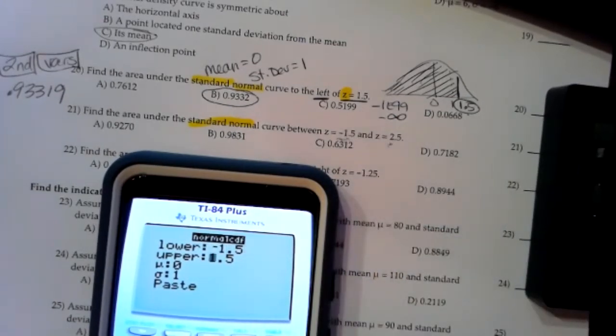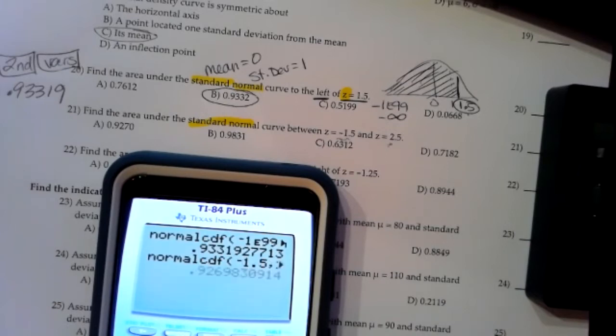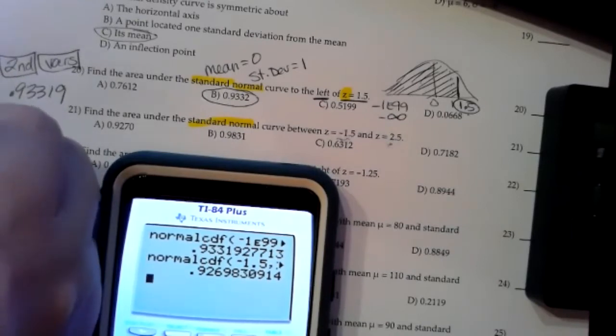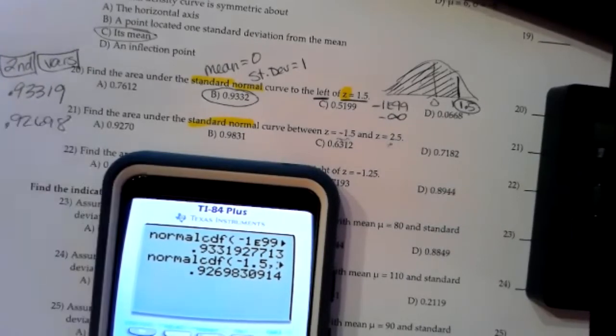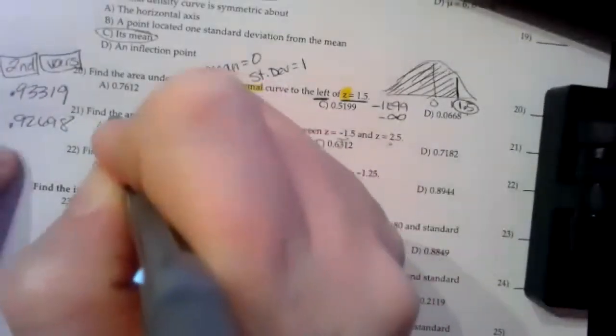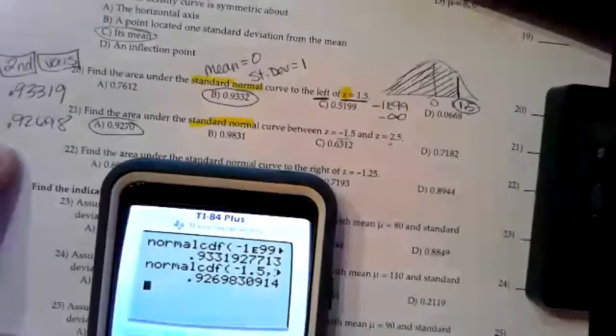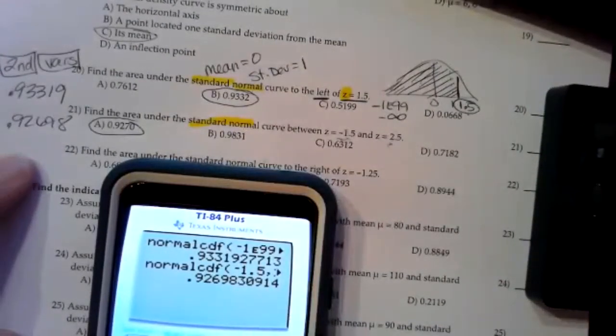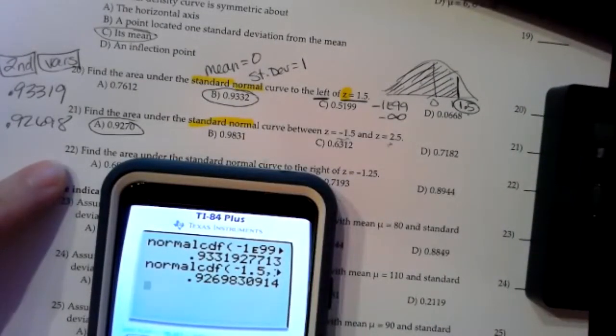So he'll be first. My upper end is going to be my +2.5, so he'll be second. I'd have a 0, I'd have a 1, paste, let it run. I get 0.92698. So I'm looking to match that one up, so we should end up at 0.927, so match with choice A. Okay, questions?